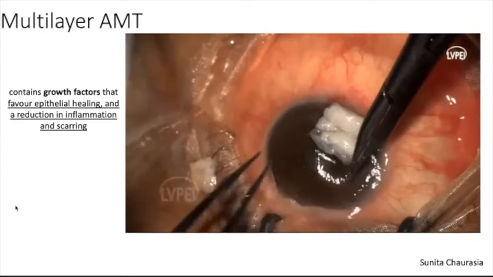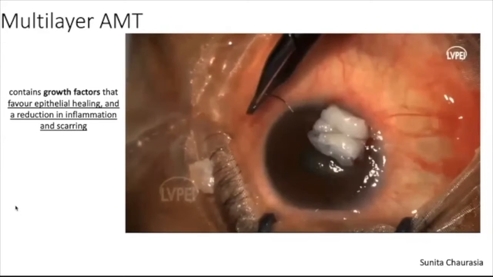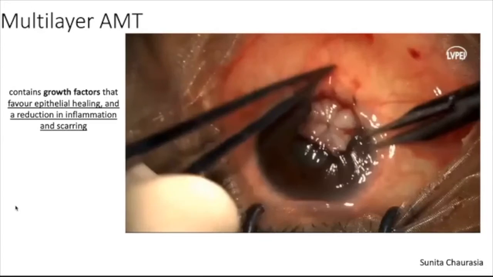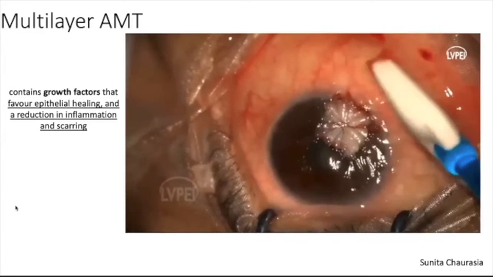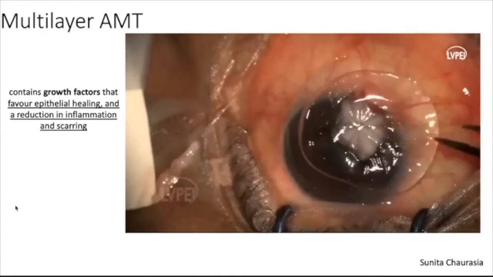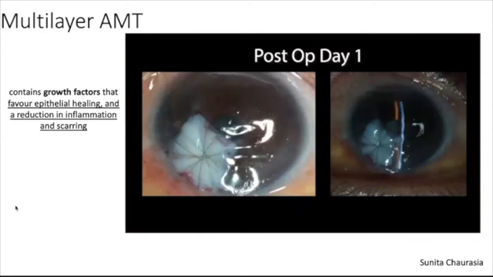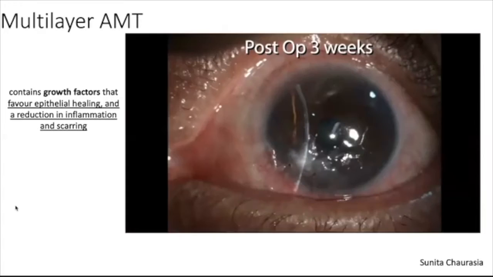Amniotic membrane contains growth factors and helps the healing, reducing inflammation and scarring. The drawback is that you need to go to the theater and you still put in some suture, and this suture can affect astigmatism or the shape of the cornea.